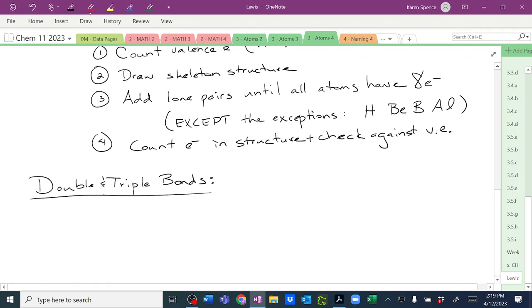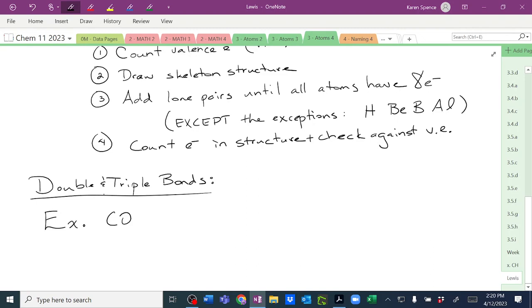Okay? And that compound is CO. And you could tell me the name of that compound, because we just learned how to do that. What is the name of that compound?